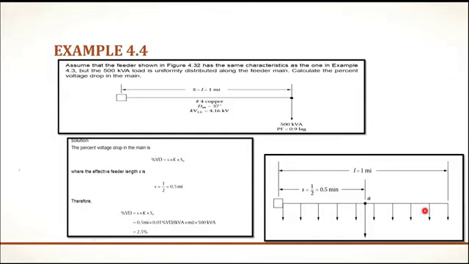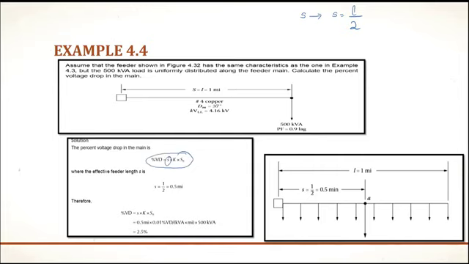So the entire load can be lumped at this point, that is S will be equal to L/2. So this is the second case, that is for uniformly distributed load, S is equal to L/2. So again you can compute the percent voltage drop. The only change will be over here.